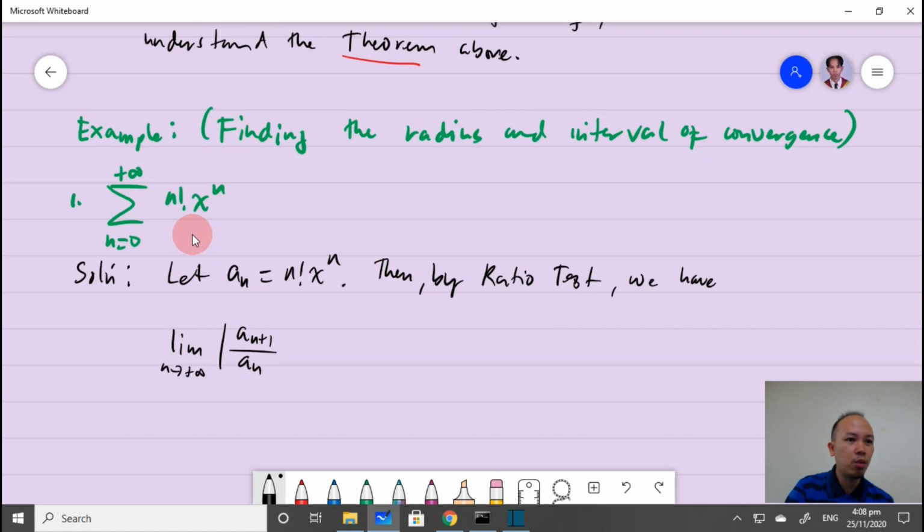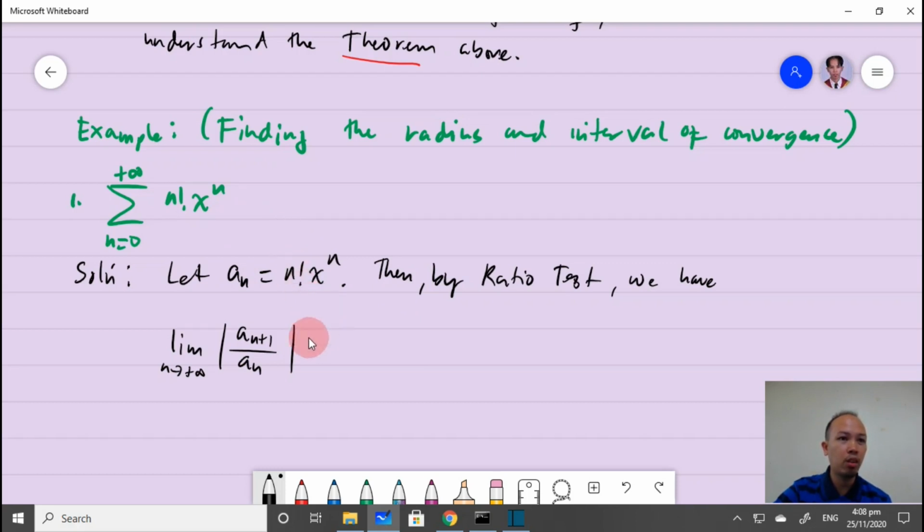If you recall the theorem with regards to this test, it says in theorem 1 that the series is convergent if the limit is less than 1.